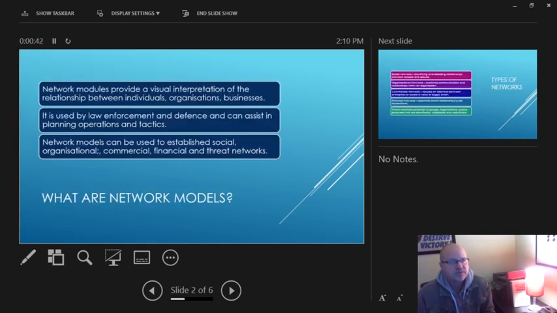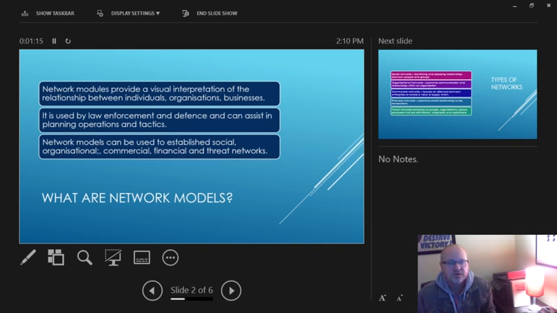So network models provide a visual representation of relationships, and they can be relationships between individuals, organizations, or even businesses. They're used by law enforcement, defense, national security as a way to assist in planning operations and tactics. They're used to understand how a social network is organized, or any network is organized.